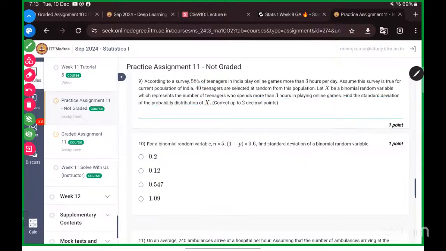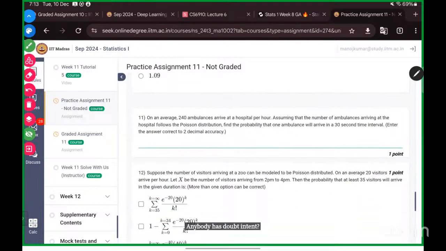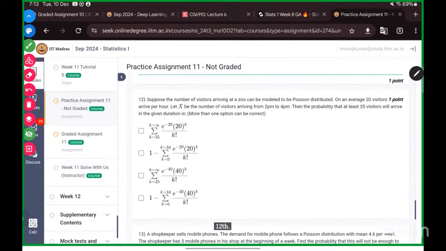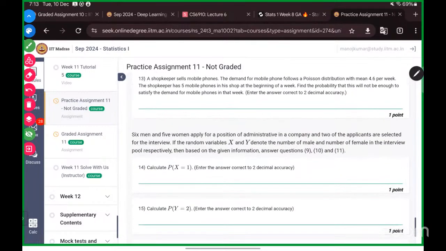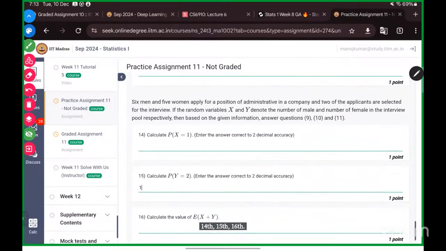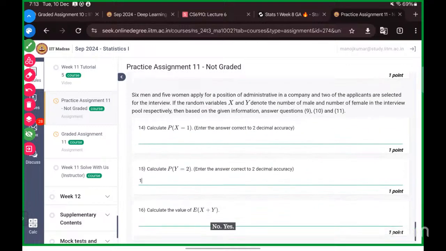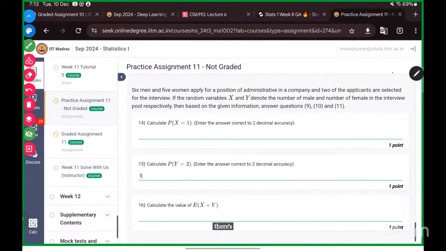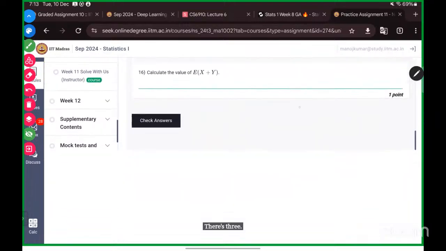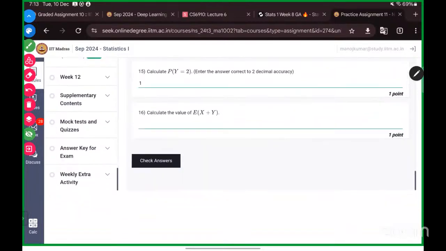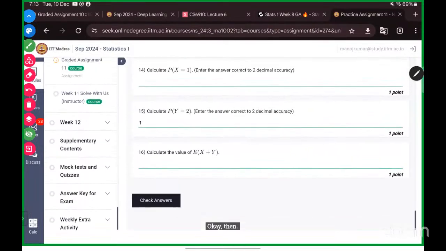Okay, 10th. Anybody has doubt in 10th? 11th, 12th, 13th, 14th, 15th, 16th. Here it's mentioned correct, but this 3. That's all.